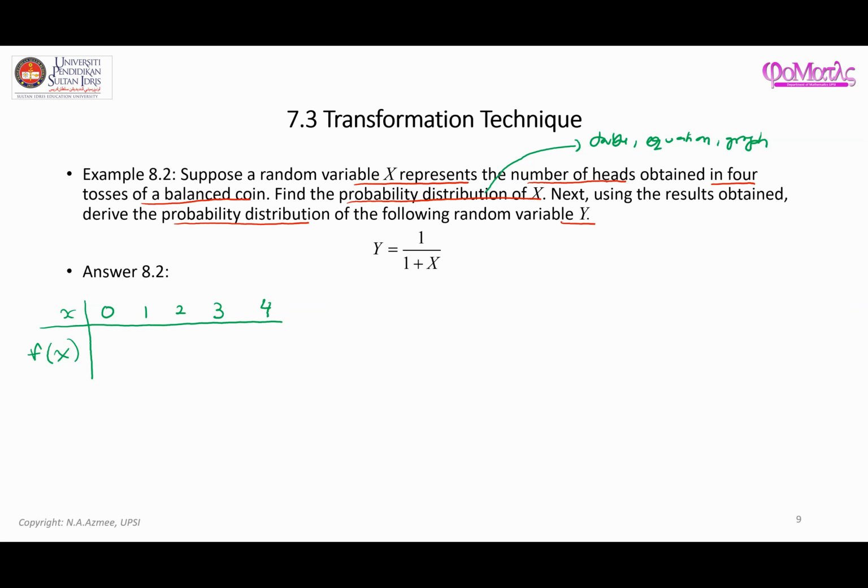But in this case, because we have 4 stages, the tree diagram is going to look slightly bigger, and it is going to be a bit tedious to find the probabilities in such a way. So what we're going to do is consider what you have seen in the binomial distribution function.